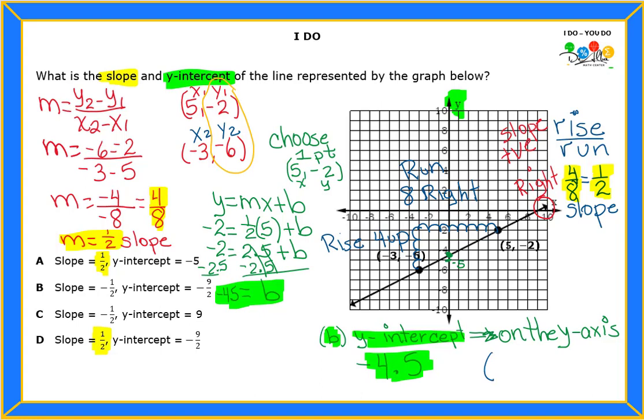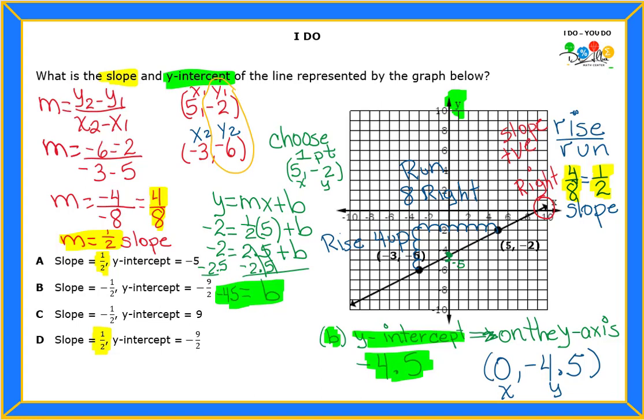So the coordinate would be 0 and -4.5, where 0 is x and -4.5 is the y coordinate. Okay? So what answer choice am I going to choose for that?